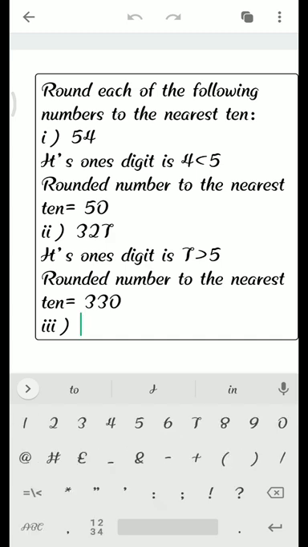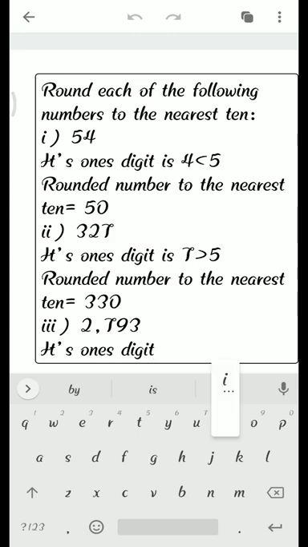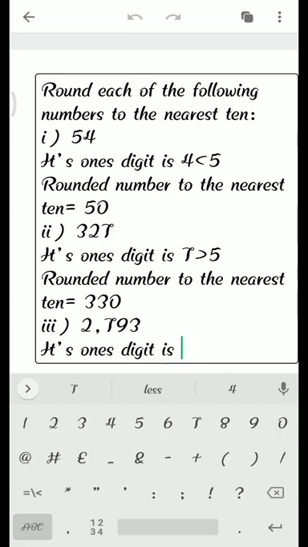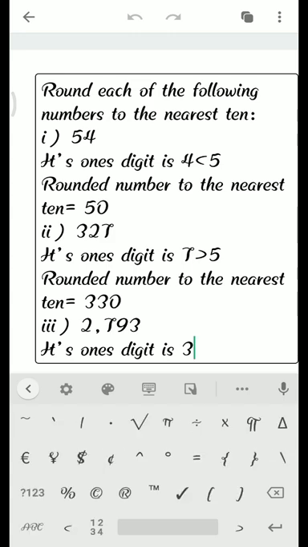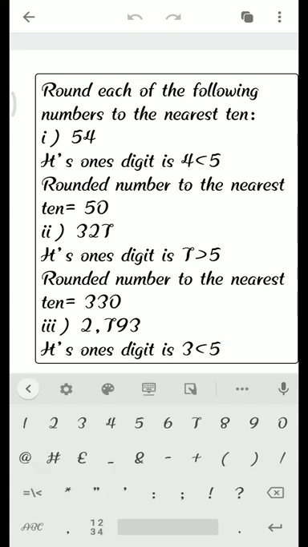Let's do one more. We have 2,793. Its ones digit is 3, which is less than 5.